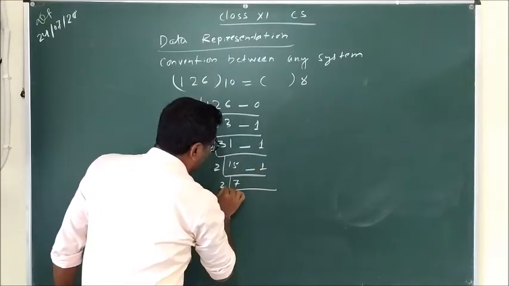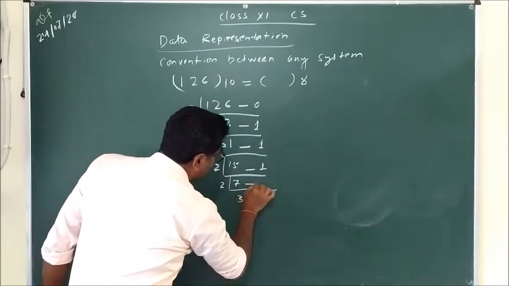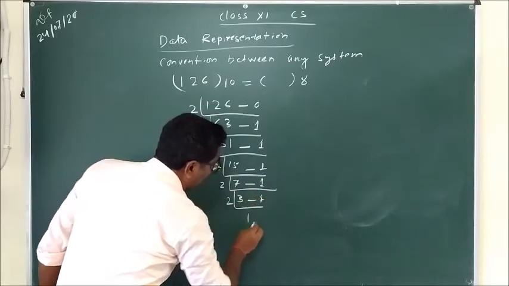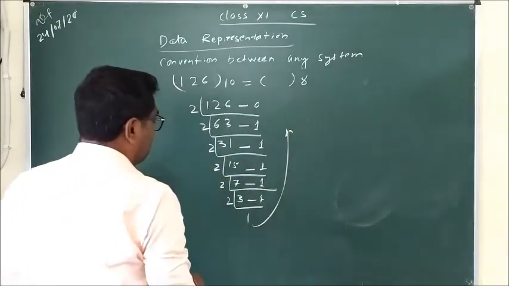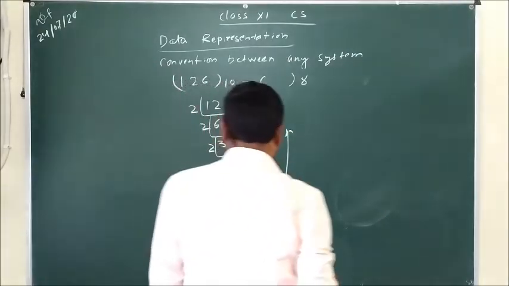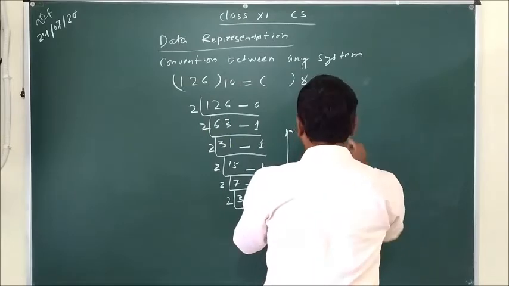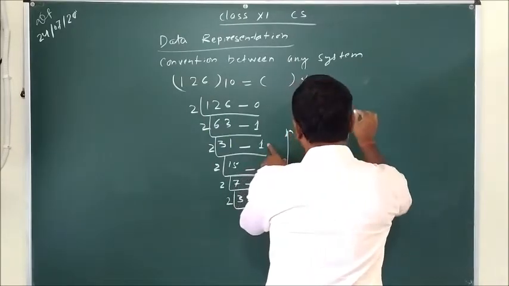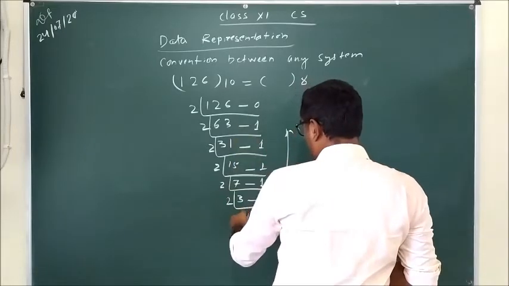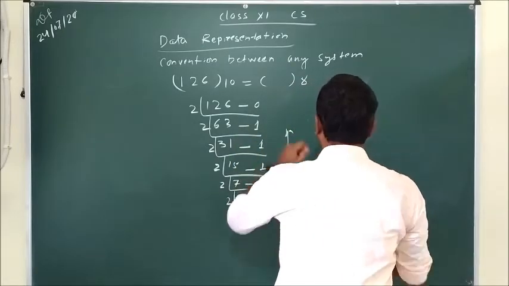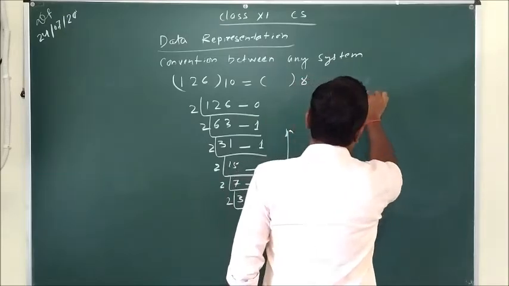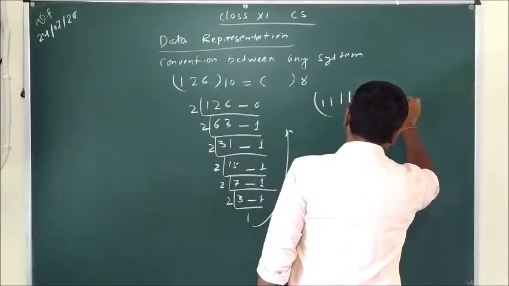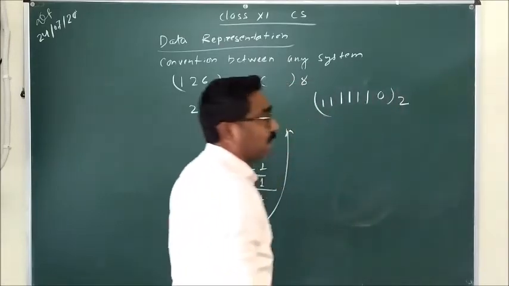Again divided by 2, that is 3, the remainder is 1. Divided by 2, 1, the remainder is 1. So now the number is six 1s, then 0, with base 2 is the number.